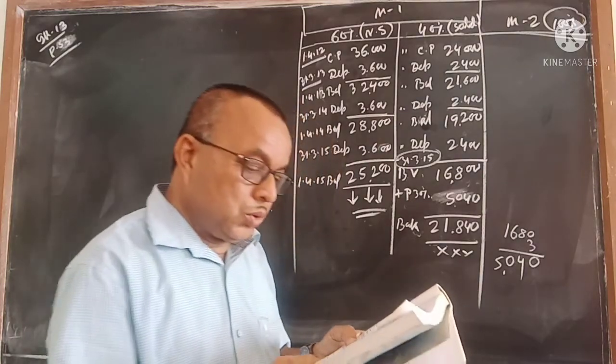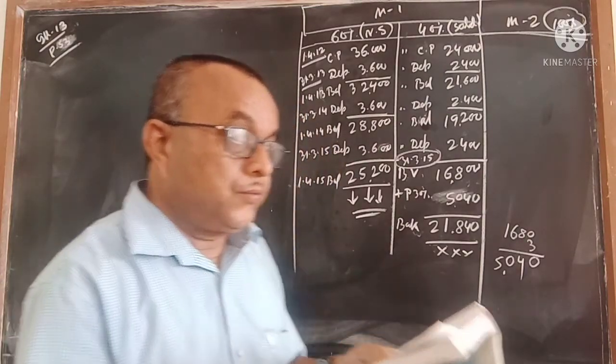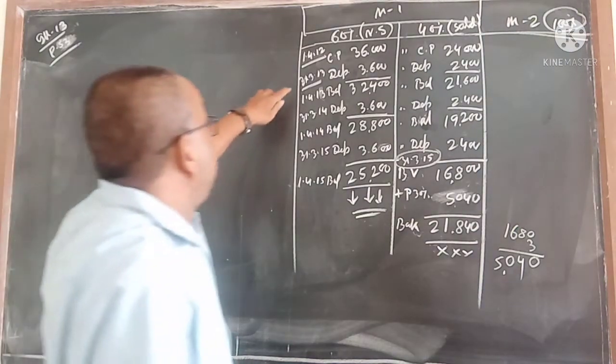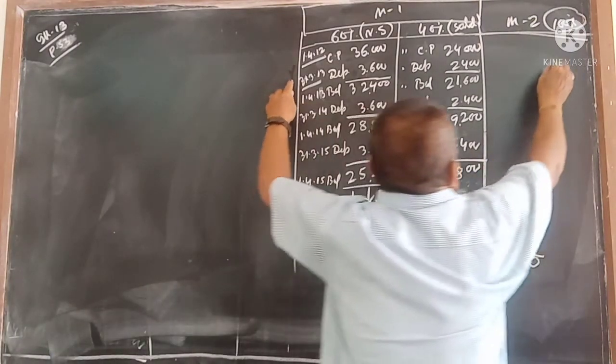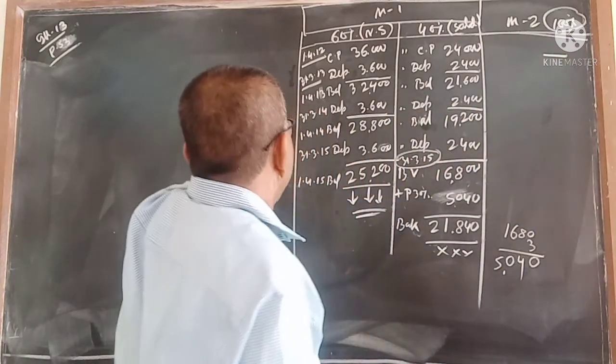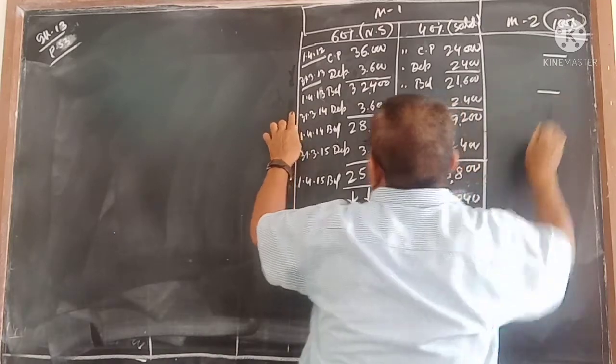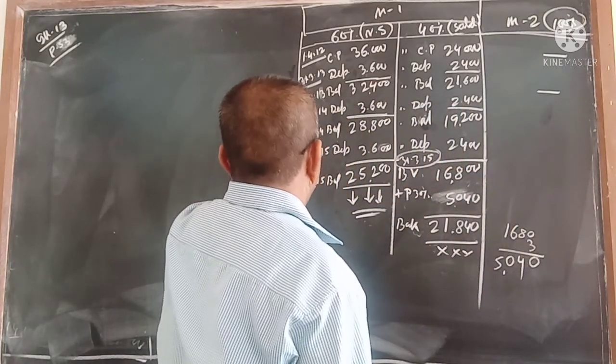Now let me check machine 2. Now machine 2 we have purchased on 1/10/14. See, 1/10/14, after this first year it is not coming. Second year also it is not coming. Third year it is coming.